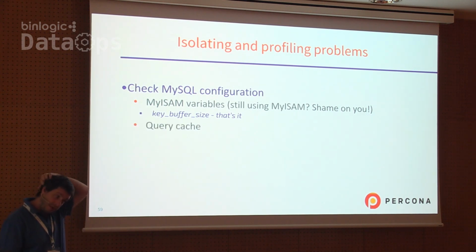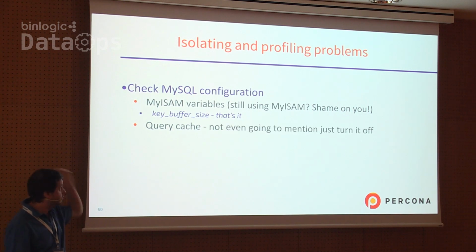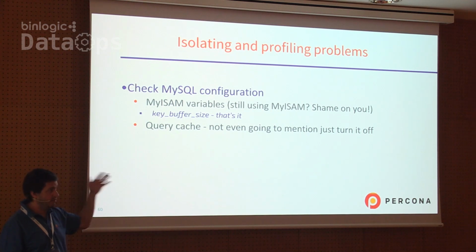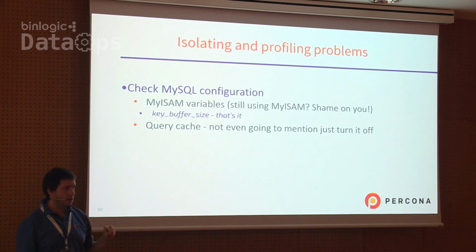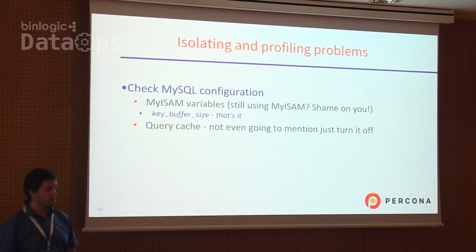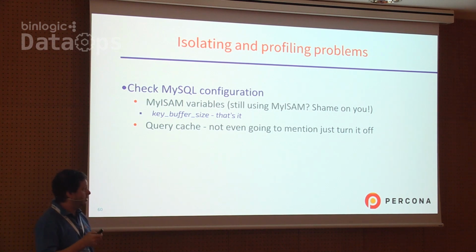Query cache, a big point of contention. Just turn it off. Actually, in MySQL 8, they completely turn it off by default. In the first releases of MySQL 8, they set the query cache size to 0, but they didn't change the query cache type variable, so by default it was enabled.